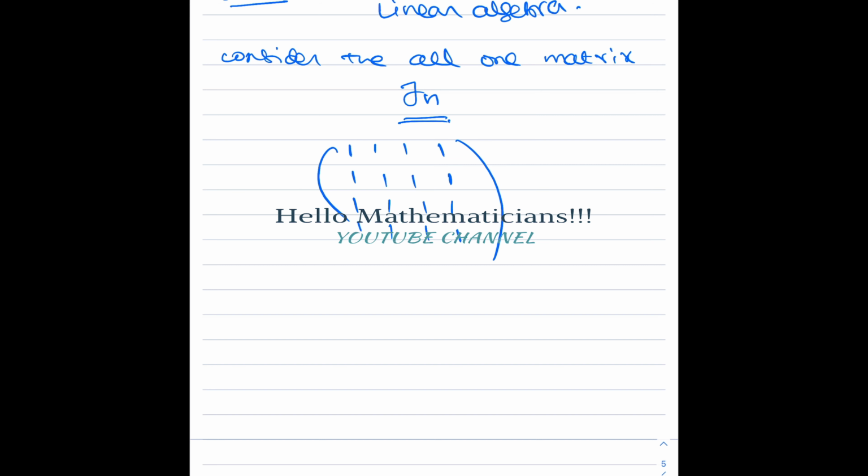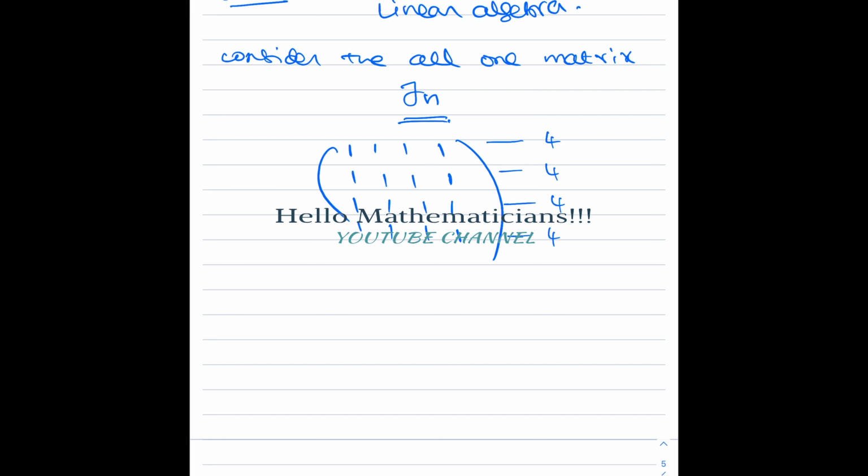If you look at this matrix, all the row sums are the same. In the arbitrary n by n all one matrix, every row sum will be equal to n.